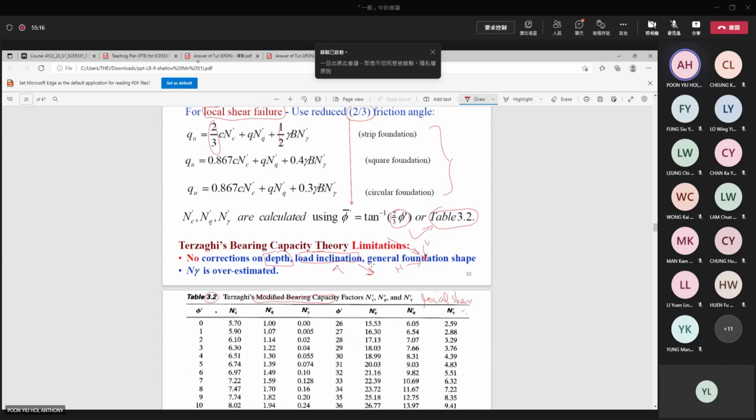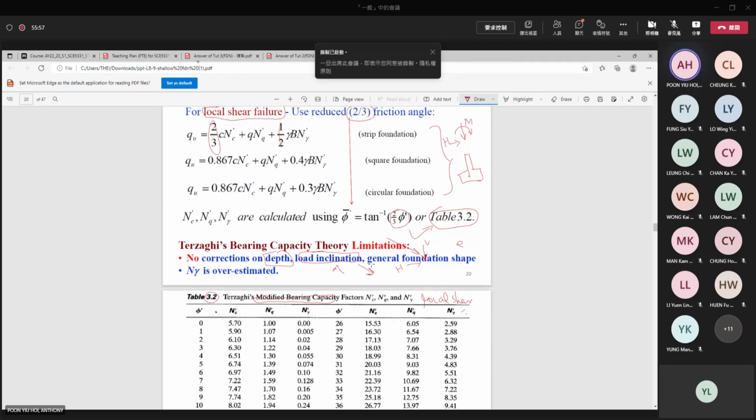So in practice, for a foundation, as I have said, you expect to have a vertical load, a horizontal load, and then a moment. So when designing a foundation, we can use eccentricity to simulate the moment, and inclination to simulate the horizontal load.